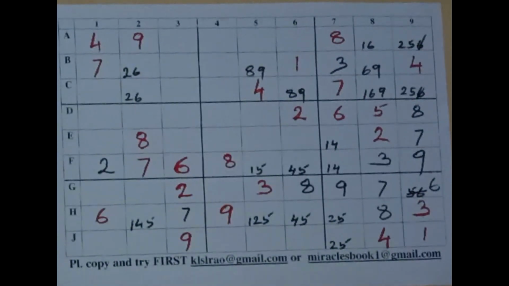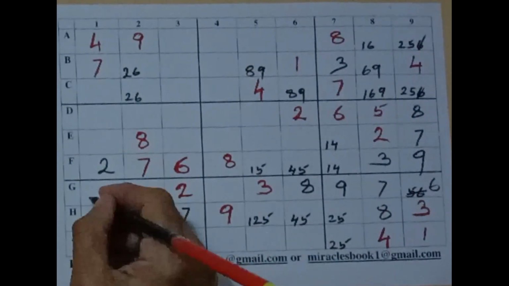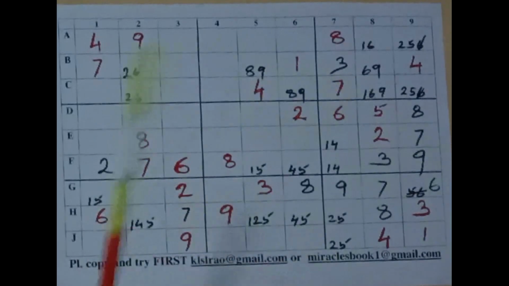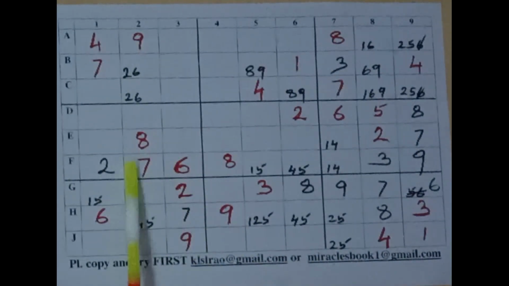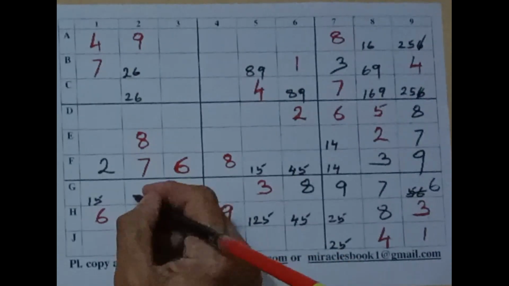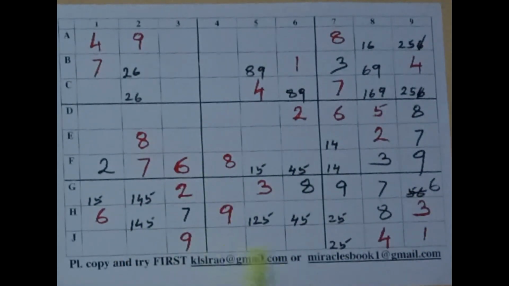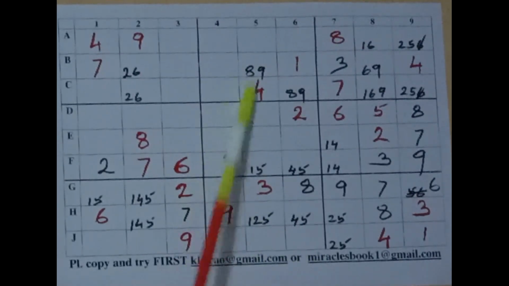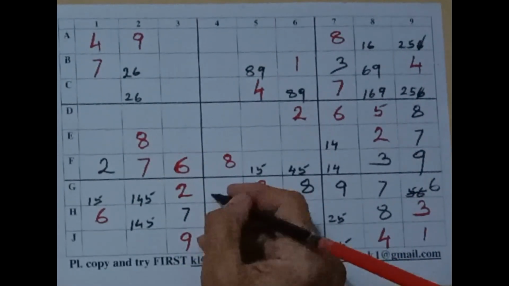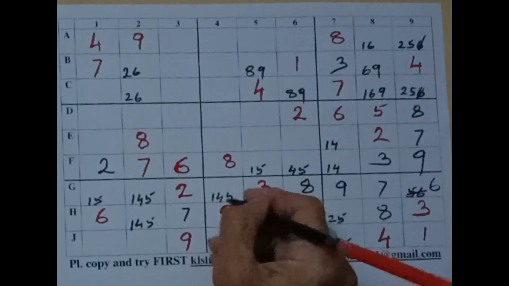We have a 4 there. So it is 1 and 5 here. 1 and 5. Nothing here. So 1, 4 and 5. And here also 1, 4 and 5. No cross checks. Okay. 1, 4 and 5.